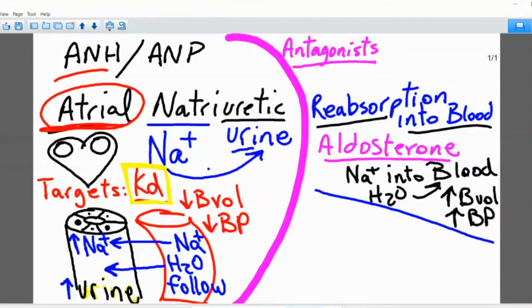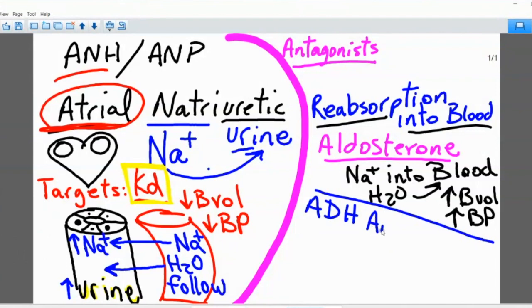Just so happens there's another hormone that raises the blood volume and raises the blood pressure. It doesn't do it in the exact opposite way, but it's really close. Here's the name of this one. We finally get to it: ADH.